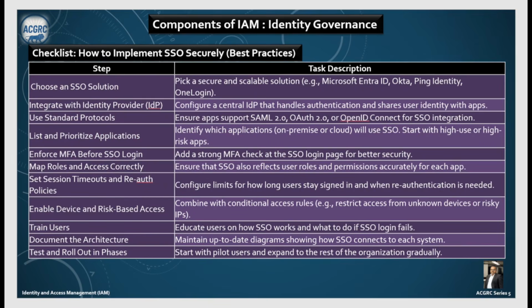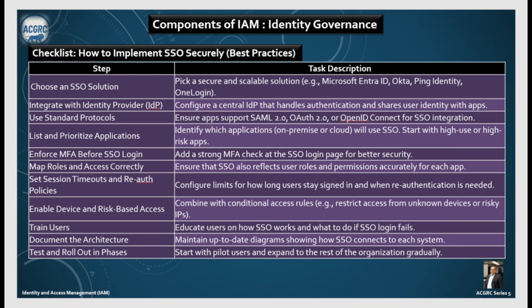Let's now look at how to implement SSO securely. As a best practice, use this as a base reference to start with. Pick a secure and scalable solution. Trusted one, tested one, or highly recommended, or known ones.